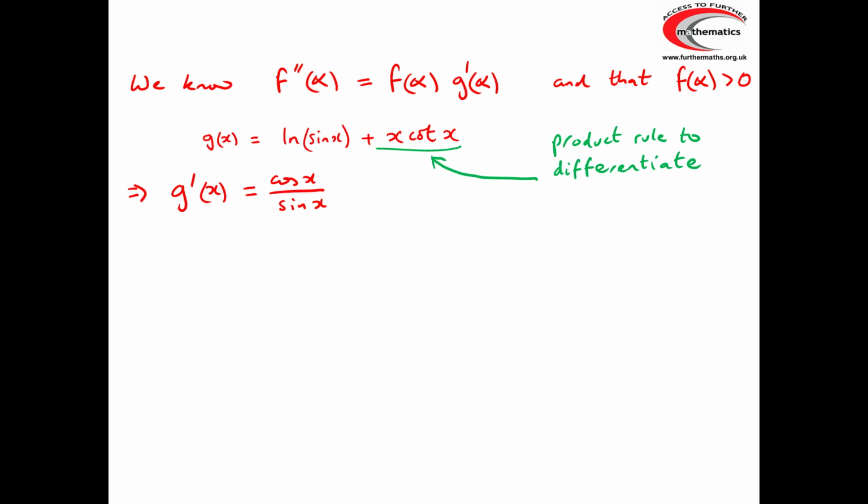And this again is going to require us to use the product rule, because we've got x times cot x. So we're going to have 1 times cot x plus x times the derivative of cot x. And the derivative of cot x can be found within the formula booklet, or can be shown to be minus cosec squared x.